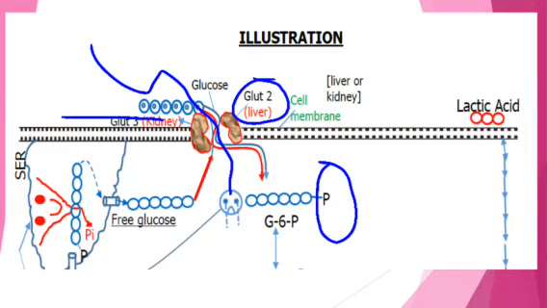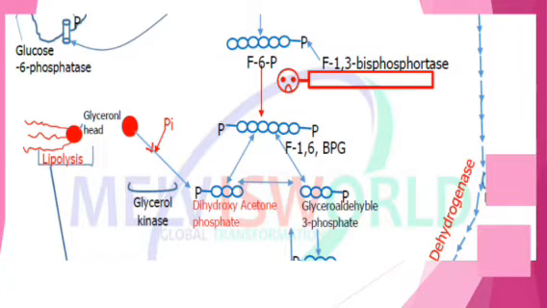Now recall here that when glucose enters the cytoplasm of the liver cell, it's phosphorylated to form glucose 6-phosphate, and then glucose 6-phosphate is isomerized by an isomerase enzyme to form fructose 6-phosphate.